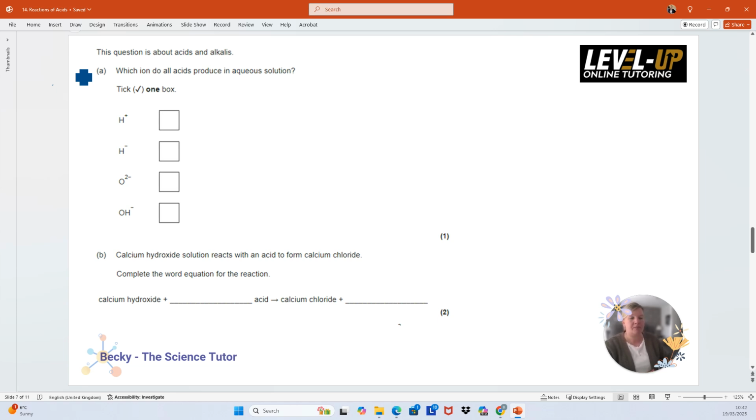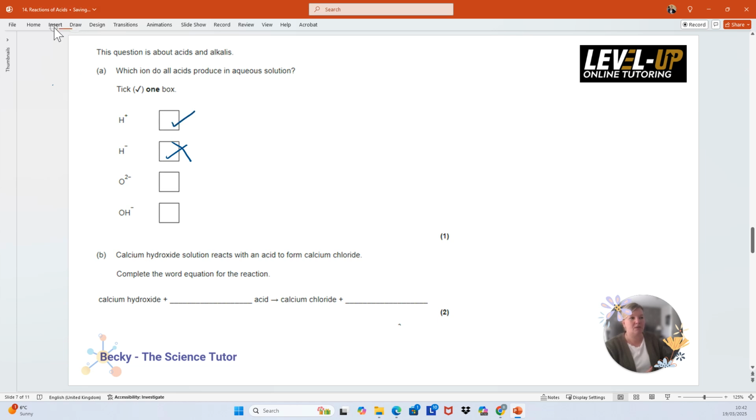If we get ourselves a little bit overexcited and we go, right, okay, which ions do acids produce? Yes, H minus. Oh, no, it's not, it's H plus. I can delete it on my screen. In your exam, let's face it, you've got your black pen at the ready and away you go. If you decide to change your mind, make sure it's really obvious that you no longer want that one and you tick your correct box.